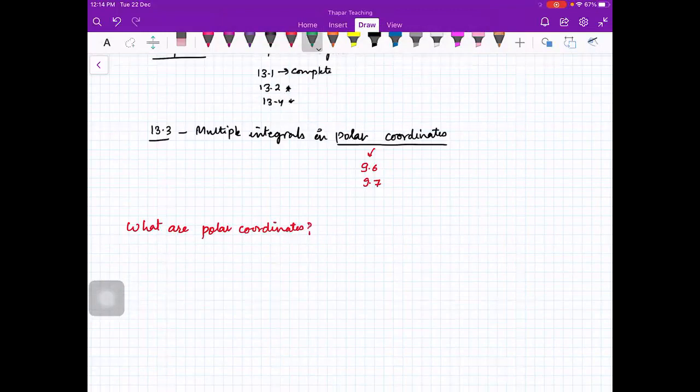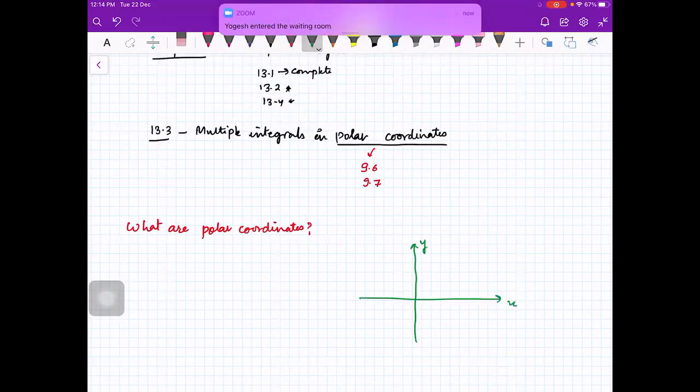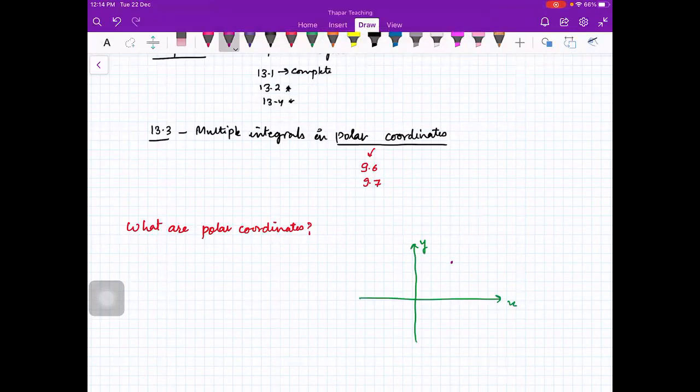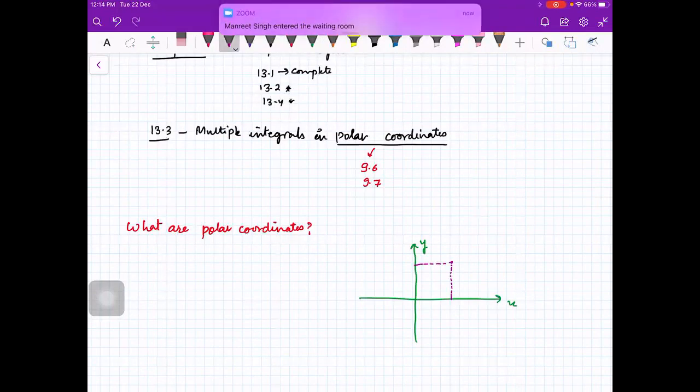Suppose you already know that if this is the x-axis and this is the y-axis, we can give a name to every point. For example, if this point is here and I want to give it a name, I'll draw a perpendicular on the x-axis and a perpendicular on the y-axis. Then I will see what this distance is. Suppose this distance is a and this distance is b. Then the name of this point is a comma b.